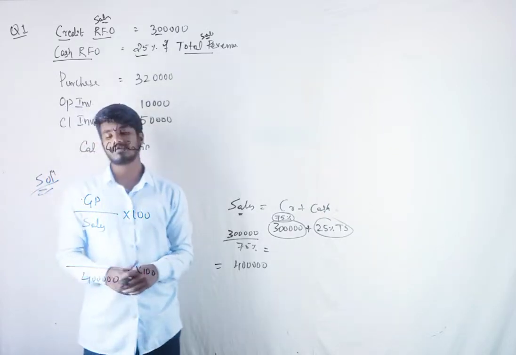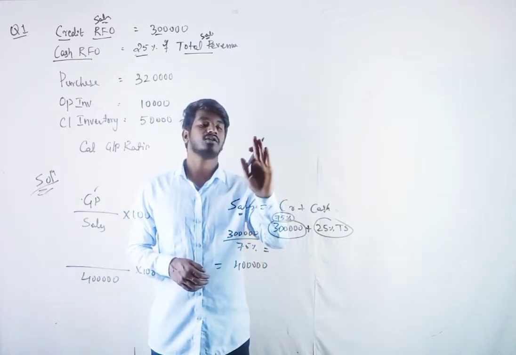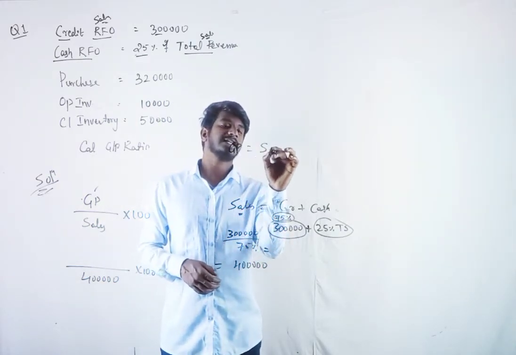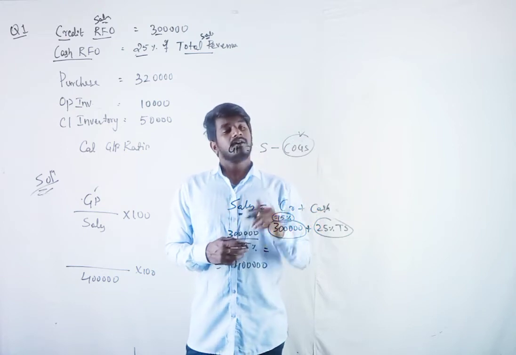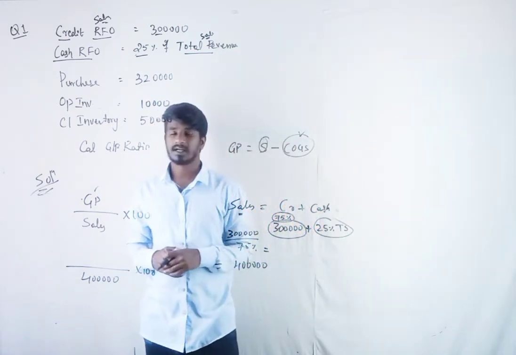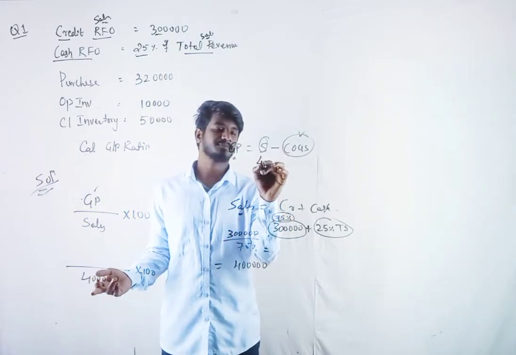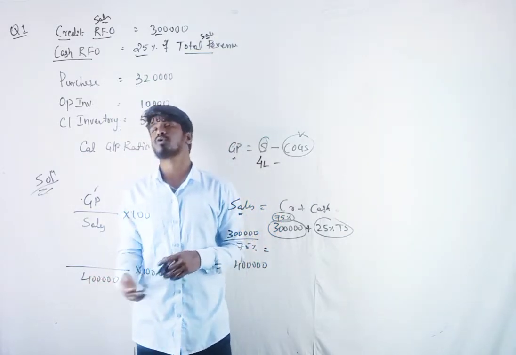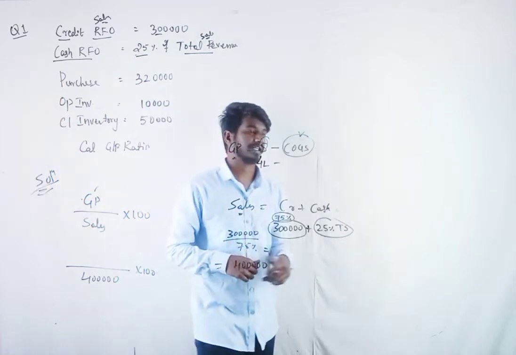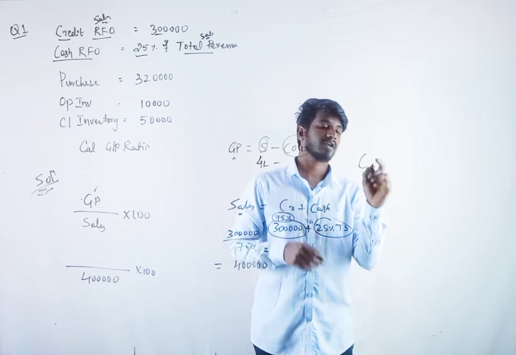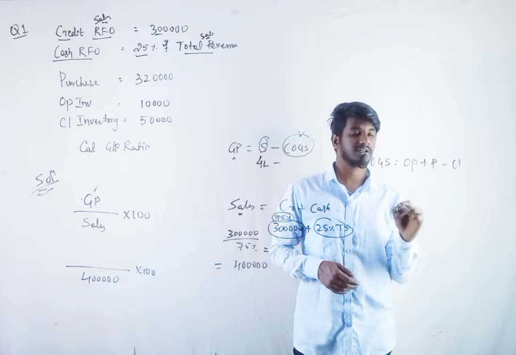Fine. We should find out gross profit. To find out gross profit, sales minus cost of goods sold. Whatever the expenses are there, we will minus from the sales. Is that correct? We will get gross profit. So what is the sale? 4 lakh. Fine. What is the cost of goods sold? Opening inventory plus purchases minus closing inventory.